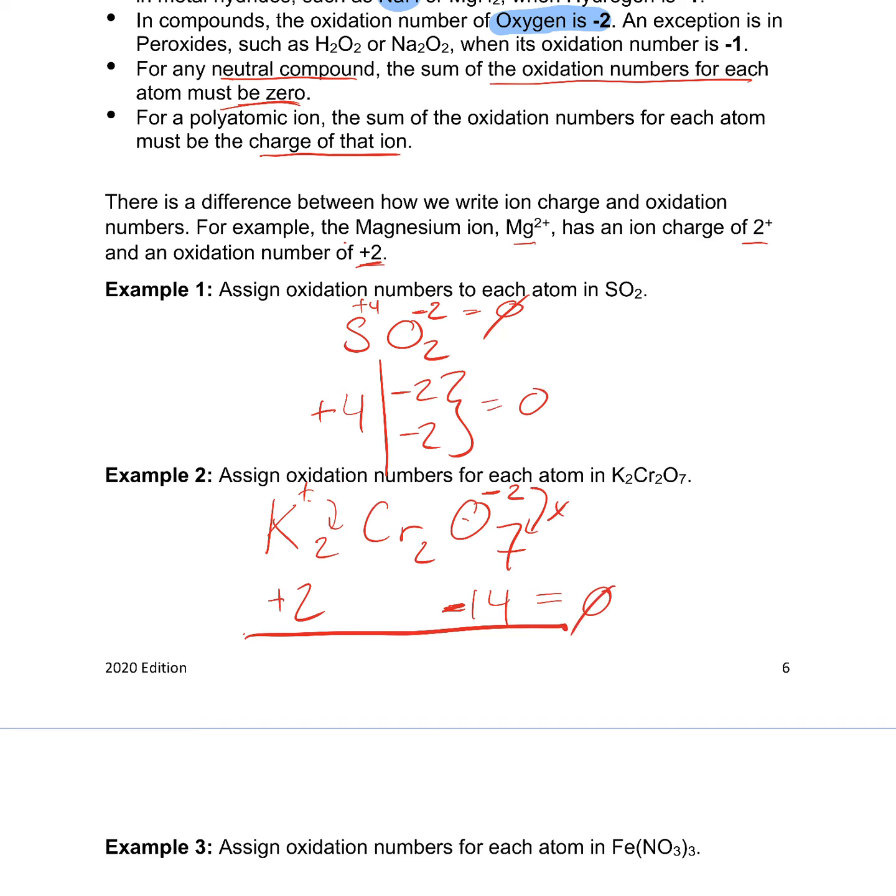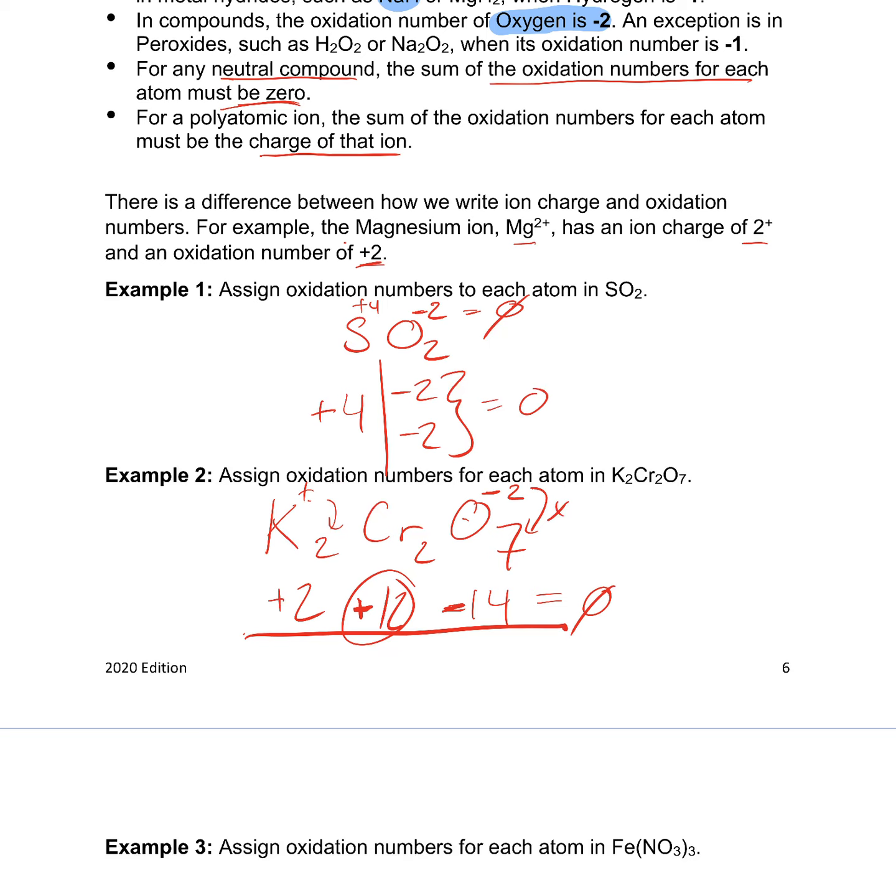So what am I missing? We do a little bit of arithmetic here. We have -14 plus 2, which gives us -12. So I need to add 12 here in order to get to 0. 2 plus 12 is 14, minus 14 is 0. Great.